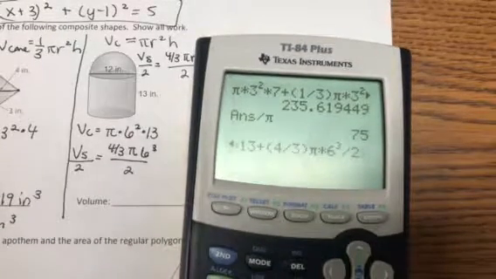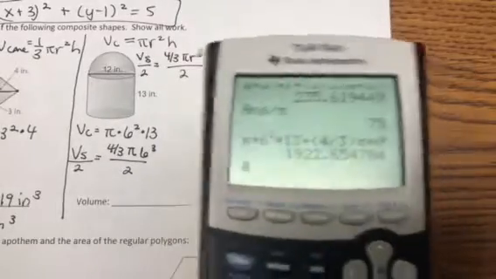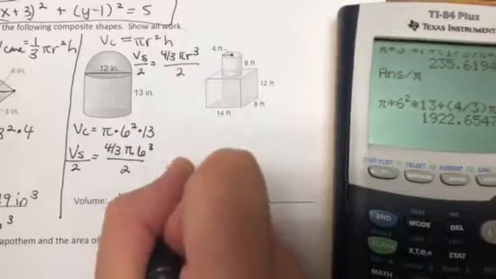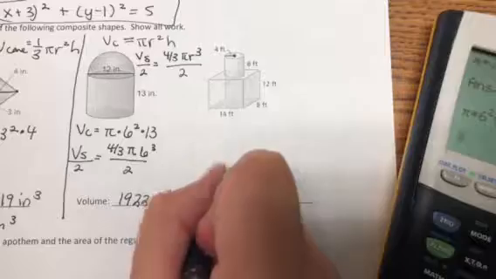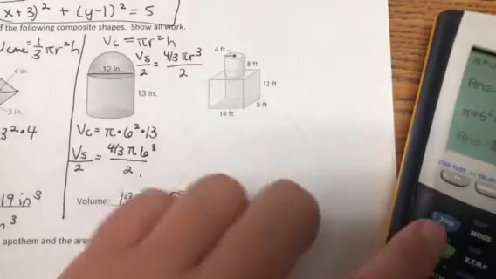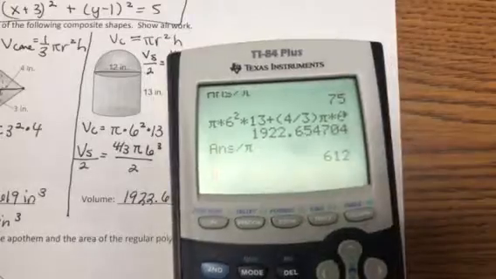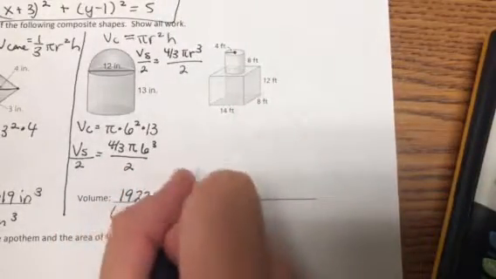There we go. All right, so for the volume of that composite shape, we get 1,922.655 cubic inches. And if you instead chose to do that in terms of pi, that should be 612 pi cubic inches.